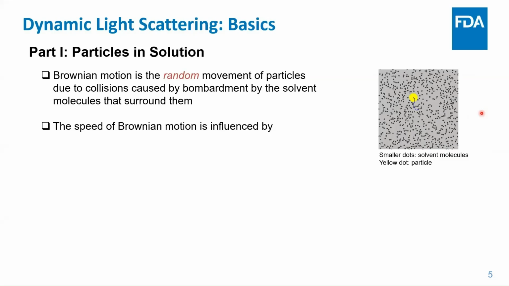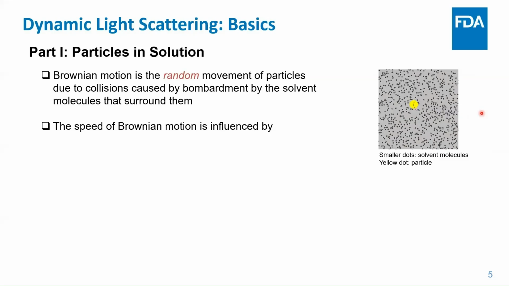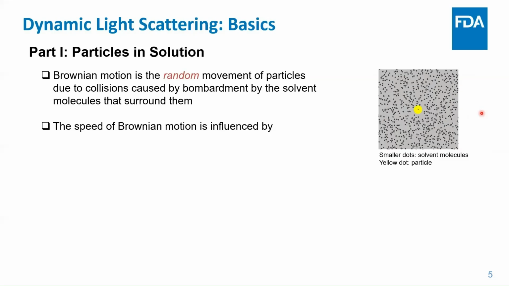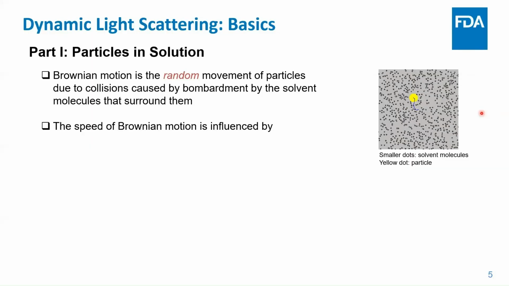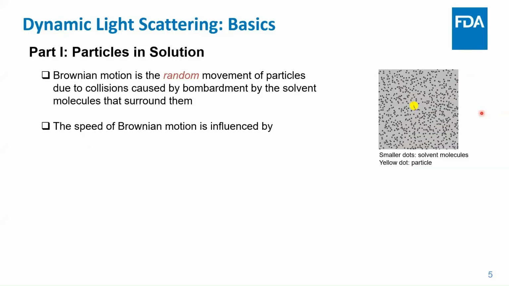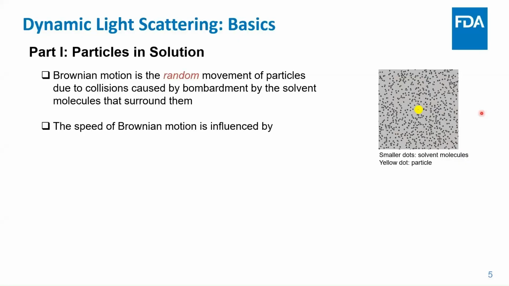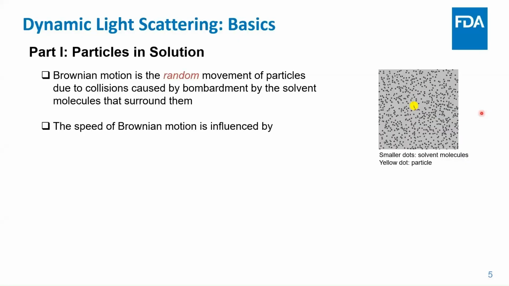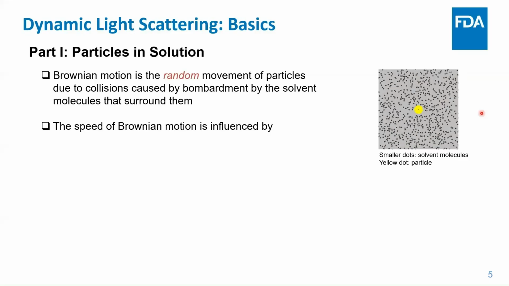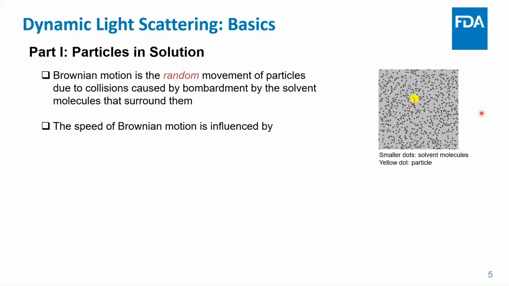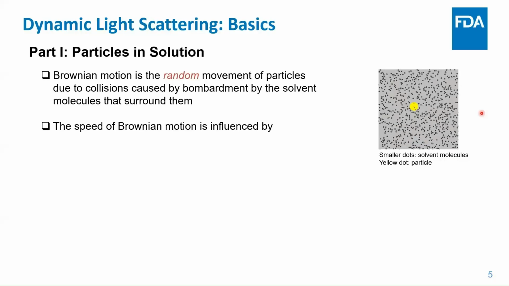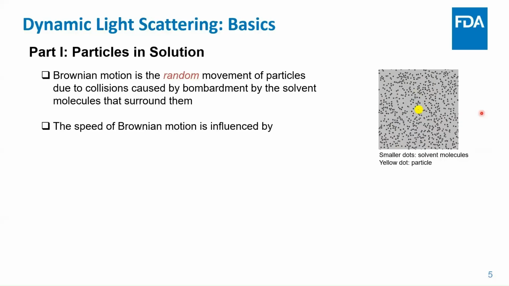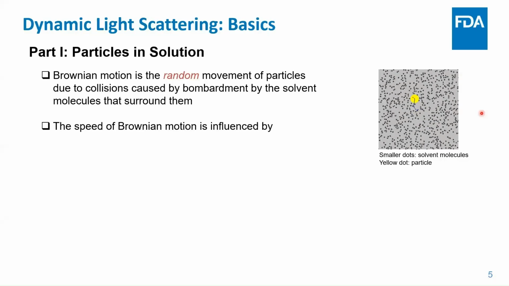What you're seeing is the Brownian motion of this particle, which is the random movement caused by the collision or bombardment of that particle in solution with the surrounding solvent molecules. That's the force being exerted on the particle that's causing it to move.